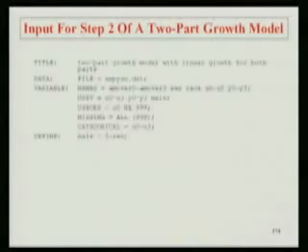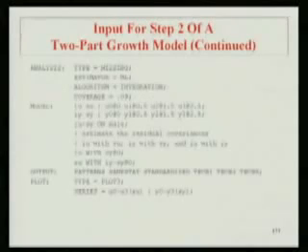List-wise deletion would take place unless you had type equals missing. And of course, in this case, you have a lot of missing on Y. Whenever U is 0, you will have missing on Y. So you really need to use type equals missing up here.